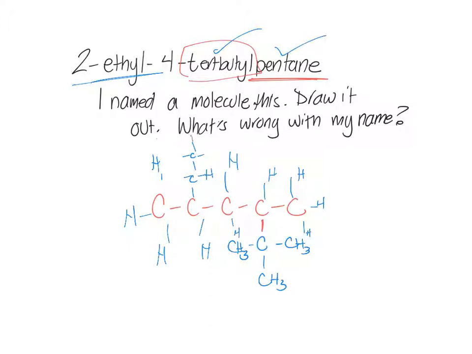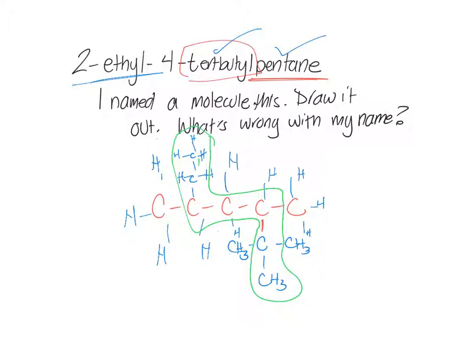Okay, so what is wrong with my name? So again, now if you didn't get the drawing right, you might want to pause it again and just check and make sure, and then check my drawing and see, should it actually be called 2-ethyl-4-tert-butyl pentane. When I look at this, I actually see that the longest parent chain is here.